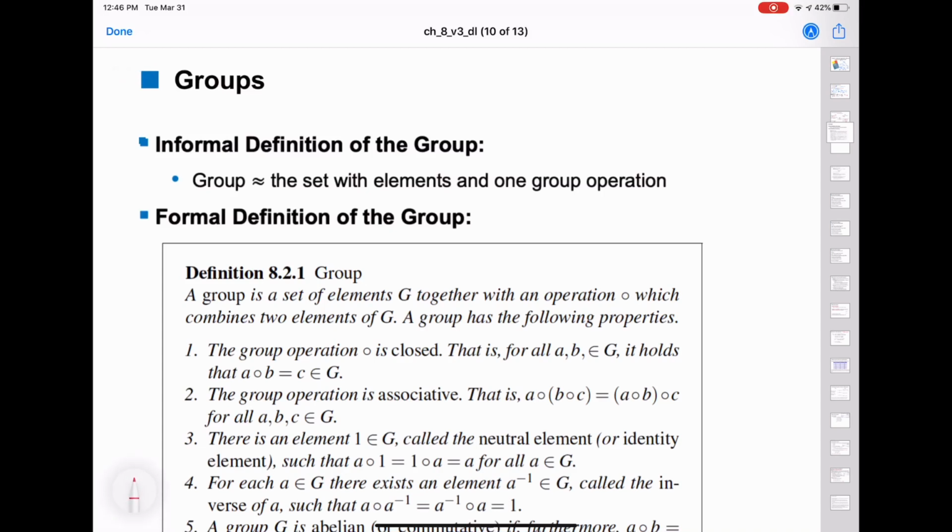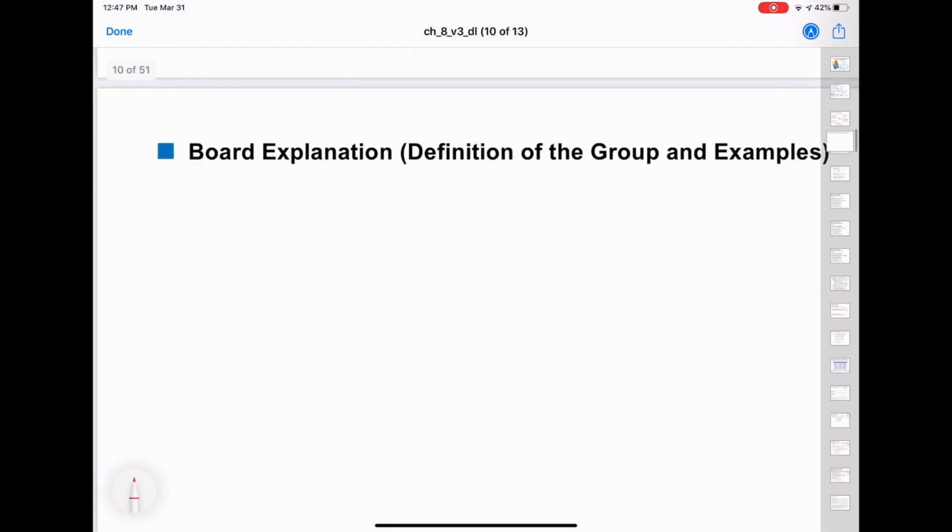A group is a set with elements and one group operation. We usually denote it as a set of elements with some kind of operation. This one contains elements. The operation can be addition, subtraction, multiplication, or division, one of them. Let me just show how I do it on the board.